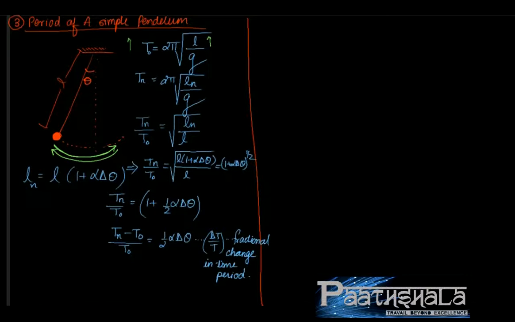So in each cycle, the change in time period is 1 second. Let us say delta t is equal to 1 and t naught is equal to 10 seconds. So how much time does the pendulum lose in one oscillation? 1 second it has lost.